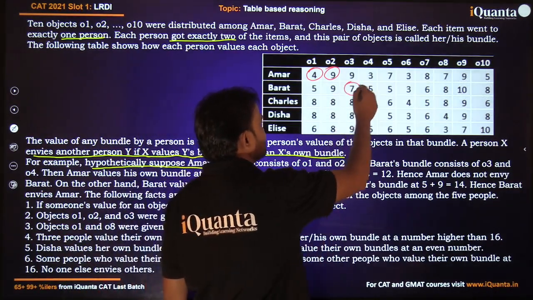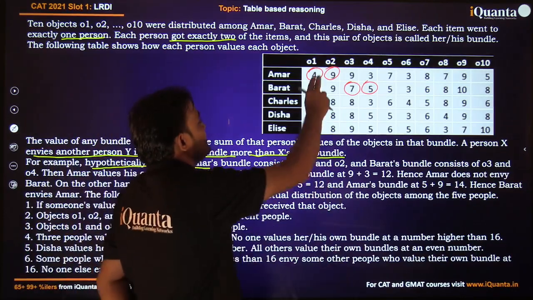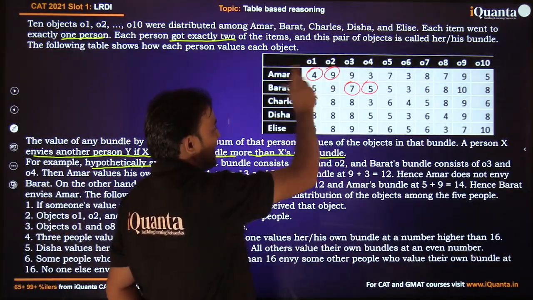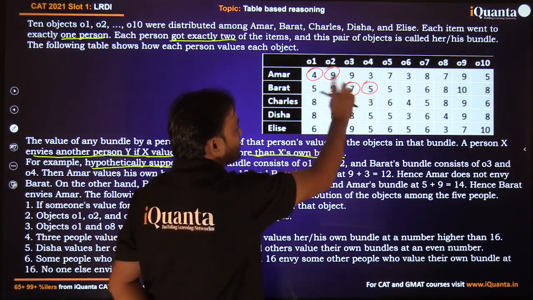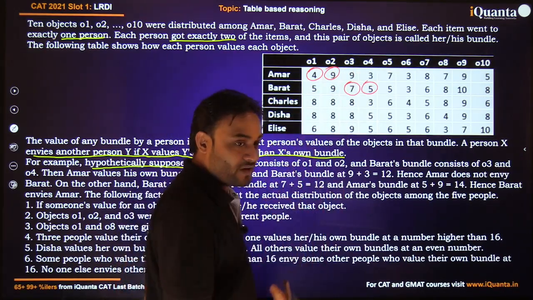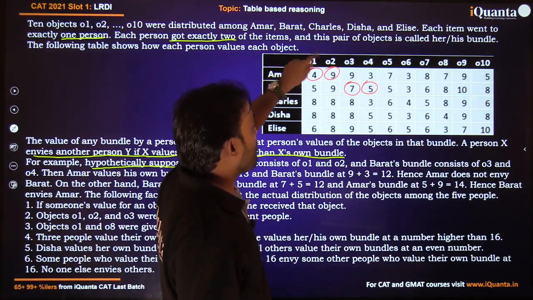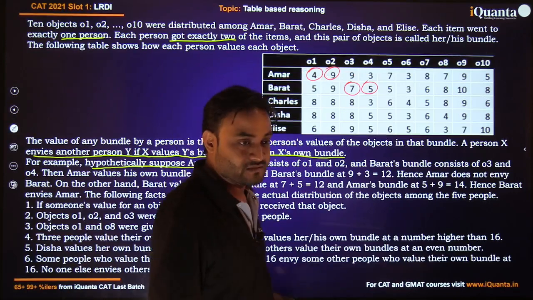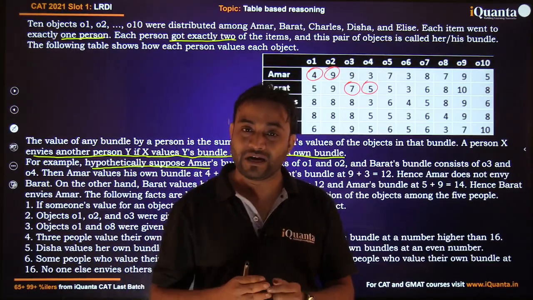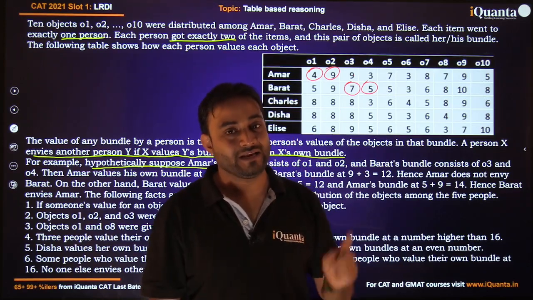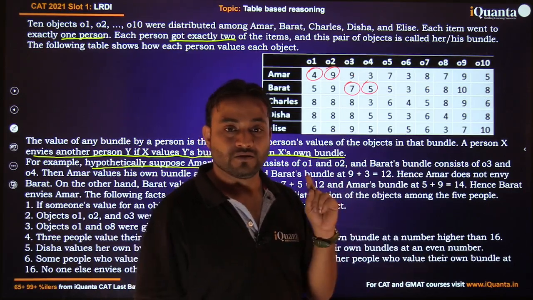Now the value Amar has for Bharat's object 3 and object 4 is 9 plus 3, which is 12, but the value Amar has for his own bundle is 4 plus 9, 13. So Amar values his own bundle 13 while he values Bharat's bundle 12.